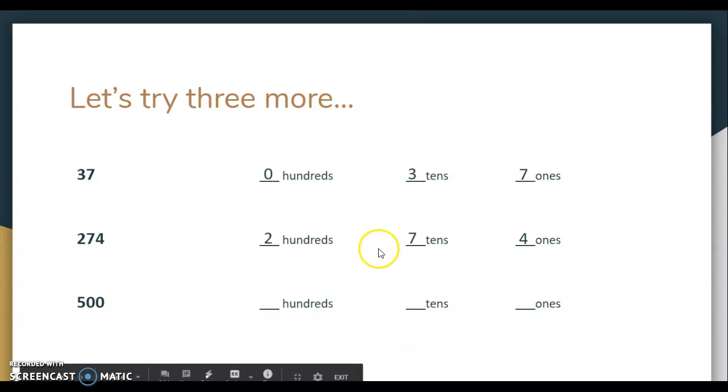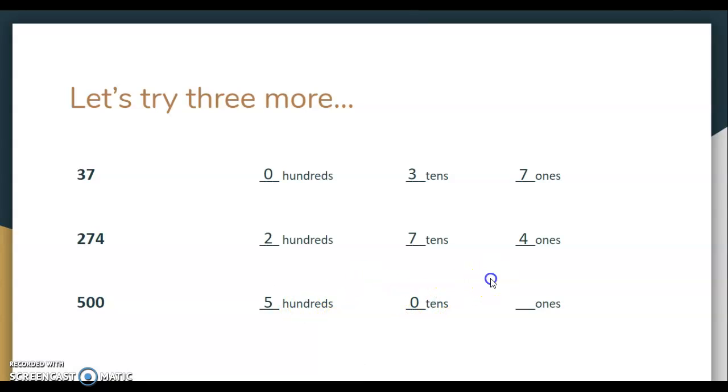Okay, let's check your answer. There are 5 hundreds, 0 tens, and 0 ones in the number 500.